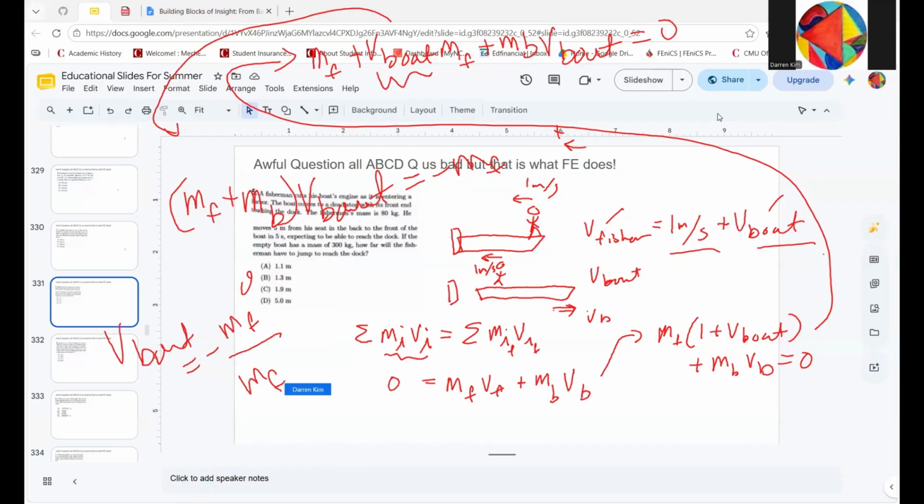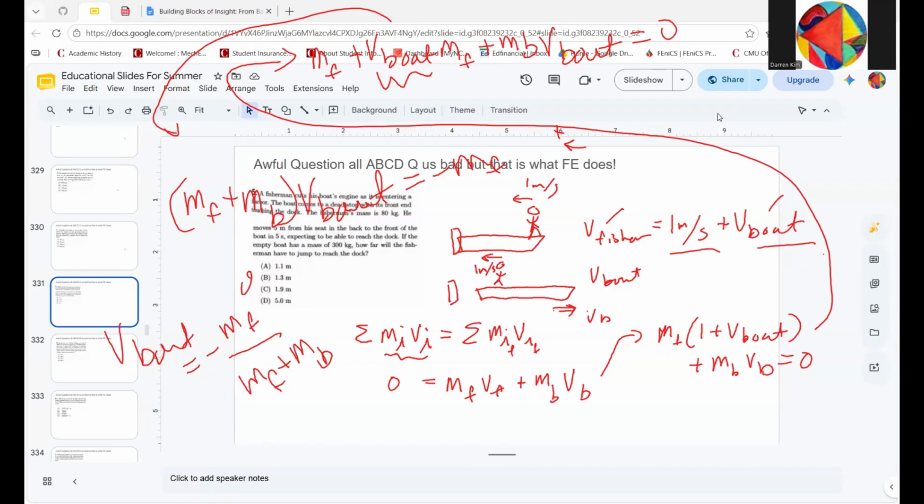To be clear, there's so much other stuff in this question that this is inaccurate. In real life, you probably won't get this effect. There will be other things that happen, but this is what the question is asking. MF is the fisherman, which is 80, and then it's 80 plus MB, which is 300.